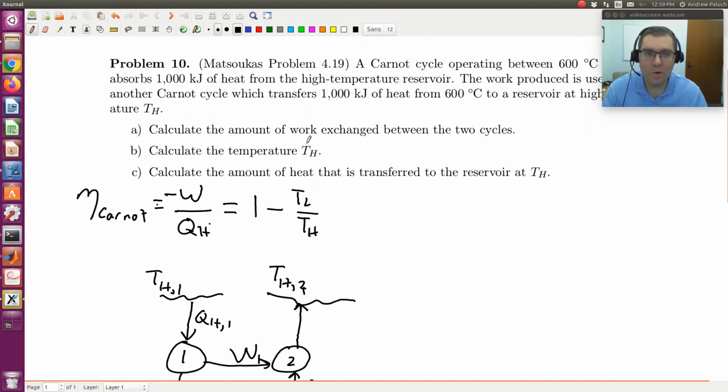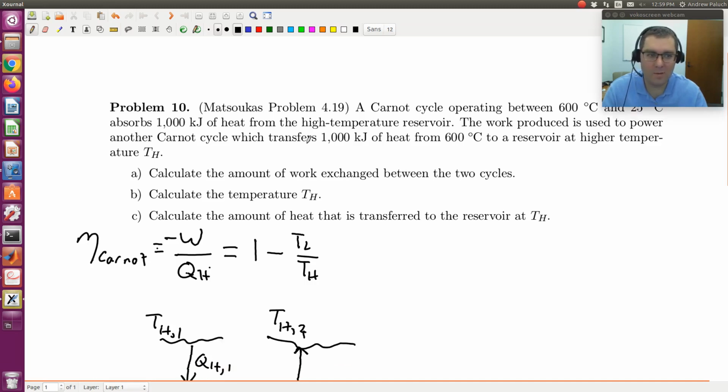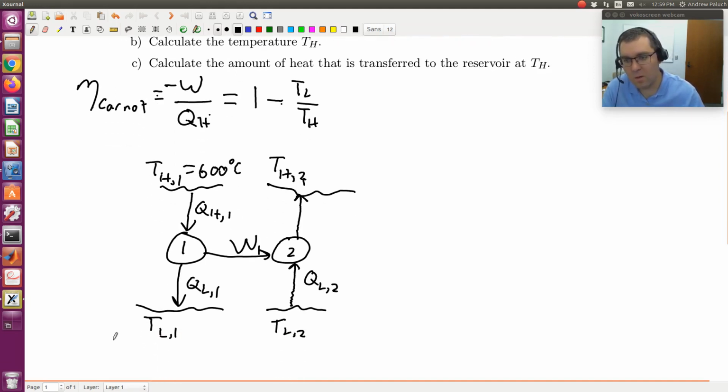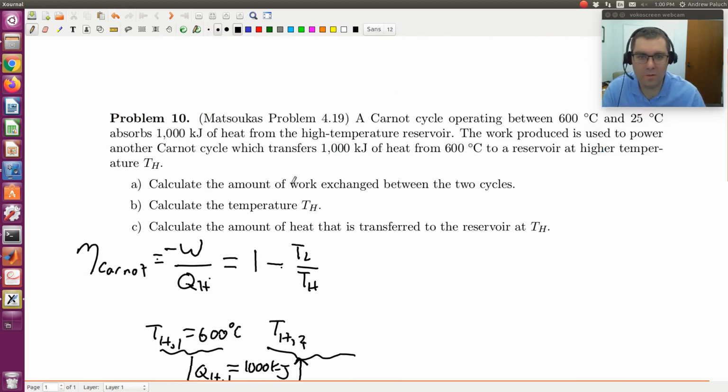So now we're told that the first Carnot cycle is operating between 600 degrees C and 25 degrees C and absorbs 1,000 kilojoules of heat from the high temperature reservoir. So TH1 is 600 degrees C. TL1 is 25 degrees C. And the heat absorbed from the high temperature reservoir is 1,000 kilojoules.